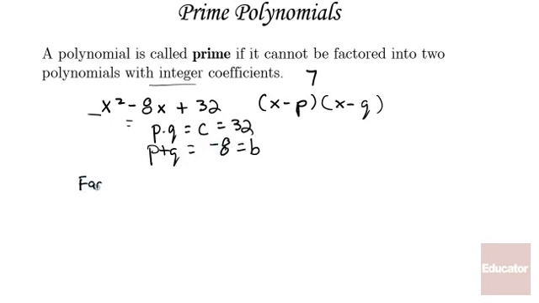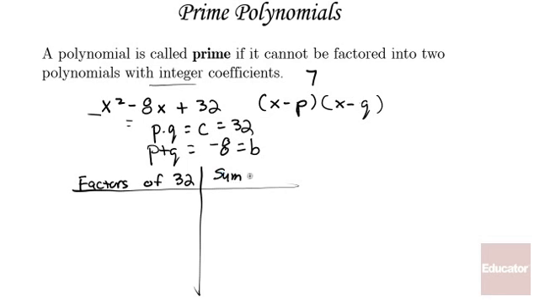So I find the factors of 32, realizing that I need a sum that is equal to negative 8 if this is going to factor out. So I can start out and I say, okay, they're both negative, so negative 1 times negative 32 would be 32. The sum of that is negative 33.